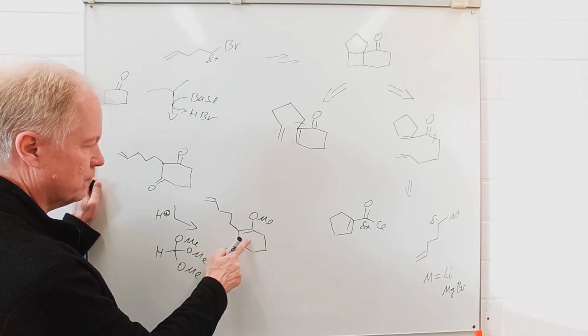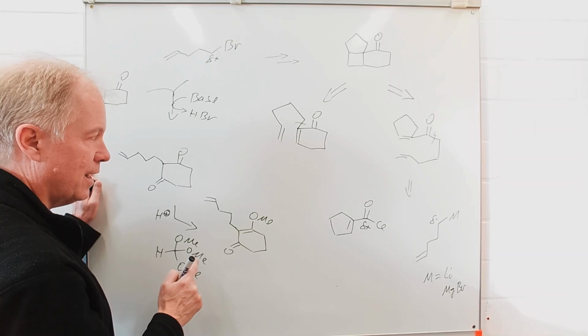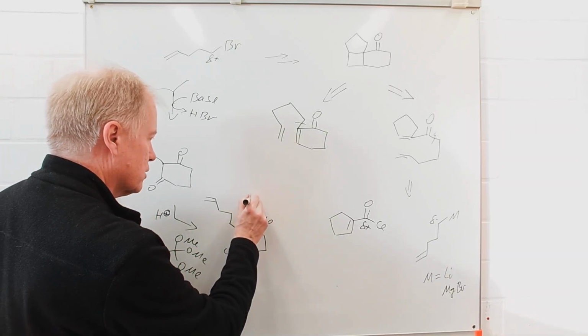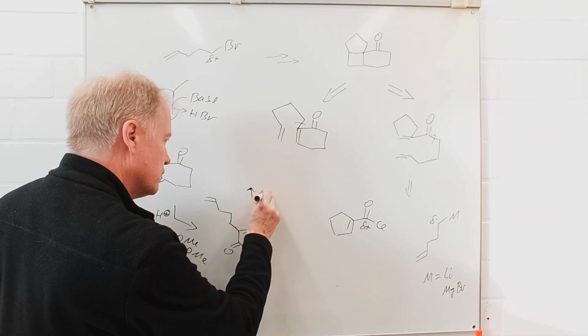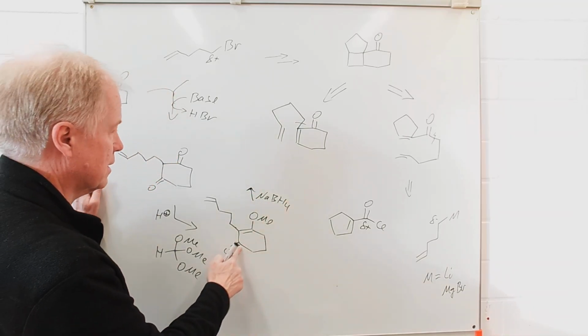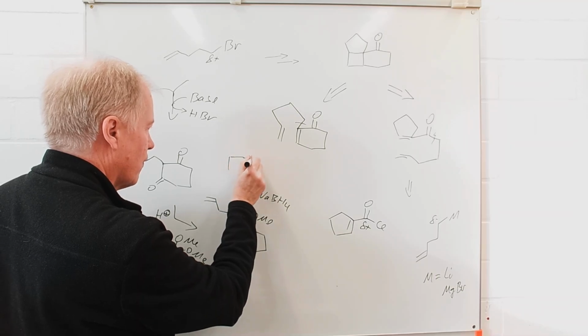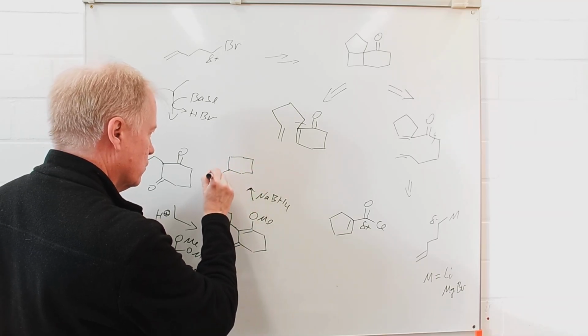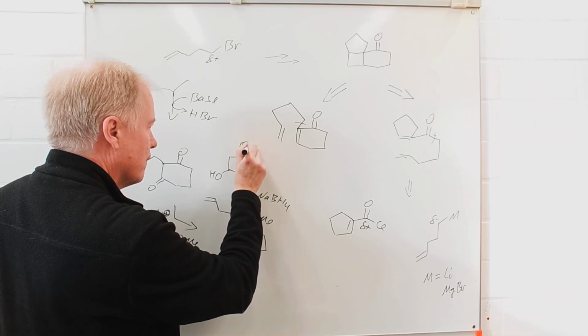And how do we get from here to there? As I said, we have to perform a reduction, for instance with sodium borohydride, reducing that carbonyl group here. Then we have an alcohol functionality here.